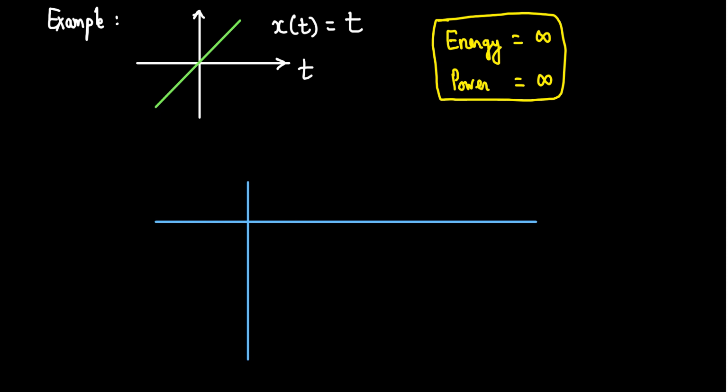In the first example, we have calculated both the energy and the power. We found that if energy is finite but the power is 0, then such signals are called energy signals.